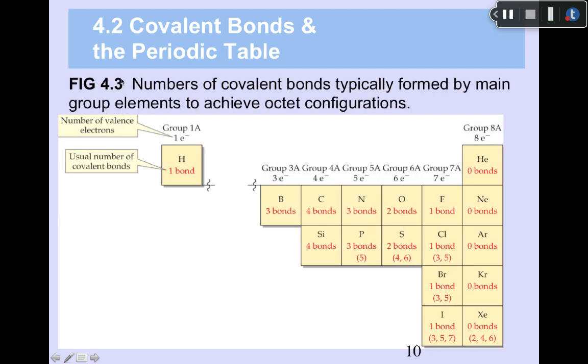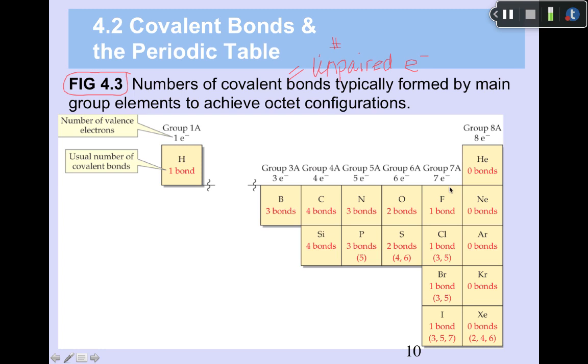A good thing to notice is this diagram from the text that represents patterns that are conspicuous in how covalent bonds are typically formed by main group elements. In the Chem Activity 13 used in class, we recognized that the number of unpaired electrons tells you the number of bonds typically formed, so the number of bonds typically formed equals the number of unpaired electrons.